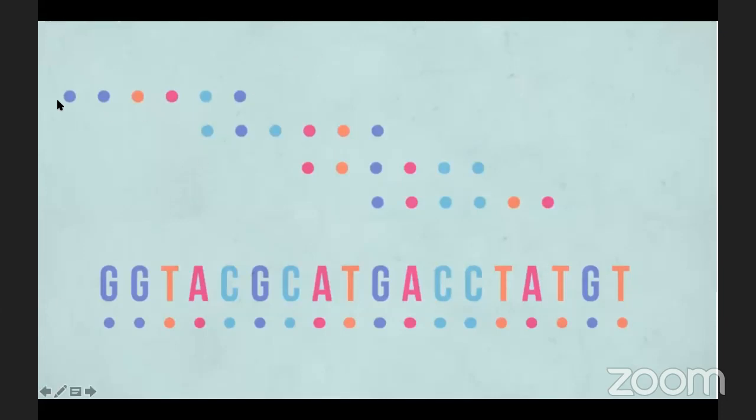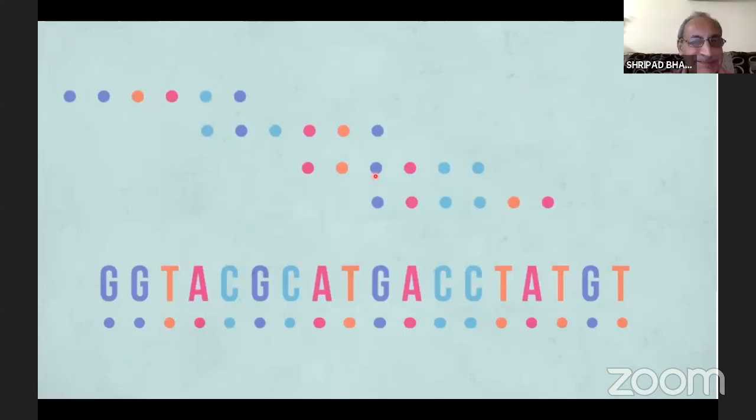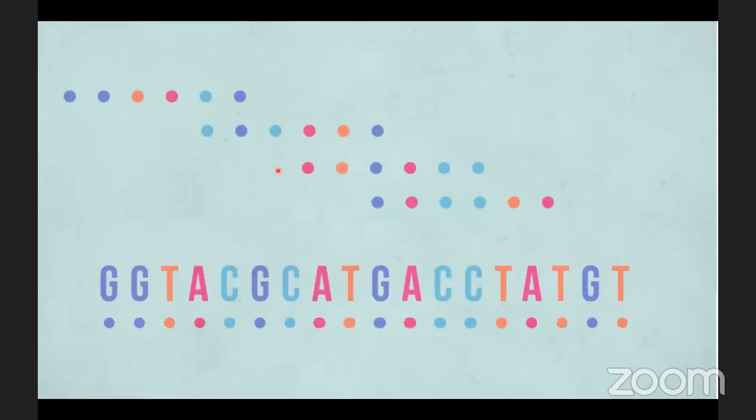If I align this sequence on the basis of the color of these dots, you can see the yellow and violet dots are common in both the fragments. If I change these dots to bases, it means these bases are common. So on the basis of this common sequence, they are aligned.